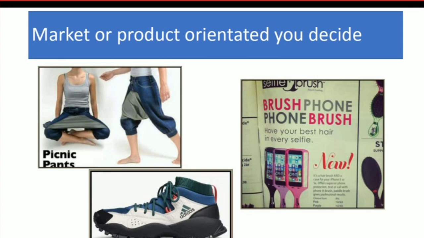Whenever you're talking about a business, it needs to decide if the business is going to be market oriented or product oriented. When you think like that, we need to focus on a few things before we do that. I'm telling you in a while.